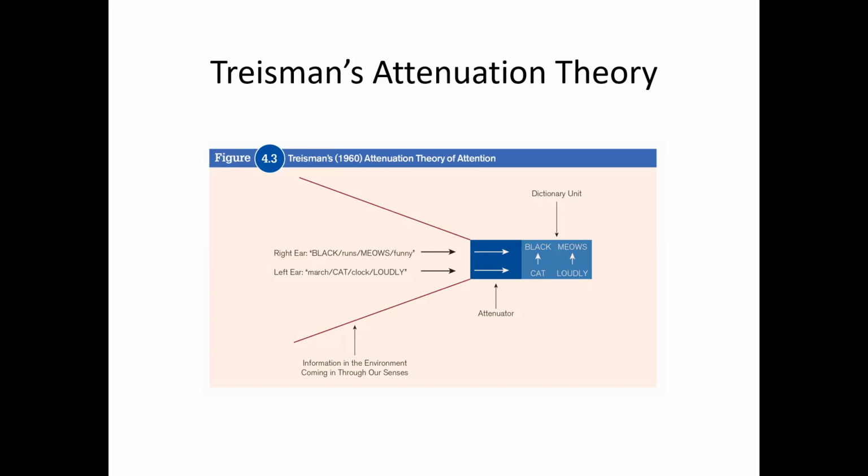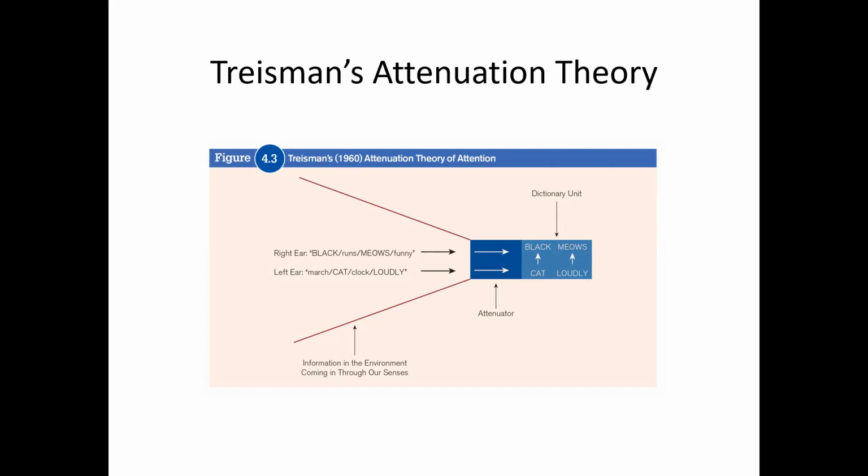It added to Broadbent's model an attenuator and a dictionary unit. Once information hits the attenuator, it analyzes the information based on three things: physical characteristics, language, and meaning.